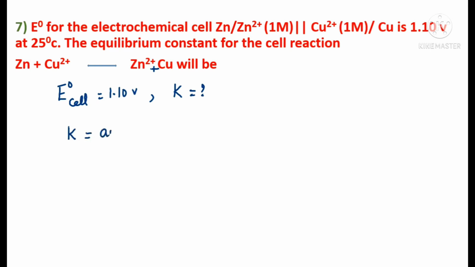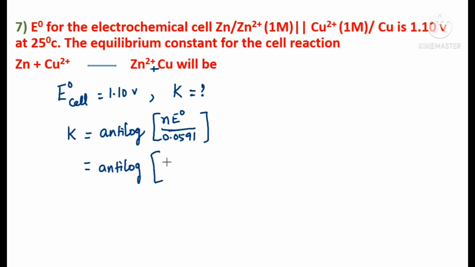What is the formula used for calculating the equilibrium constant? K is equal to antilog of n E naught divided by 0.0591, where n is the number of electrons participating. Understood? So now we can directly substitute the values. Here 2 electrons are participating.